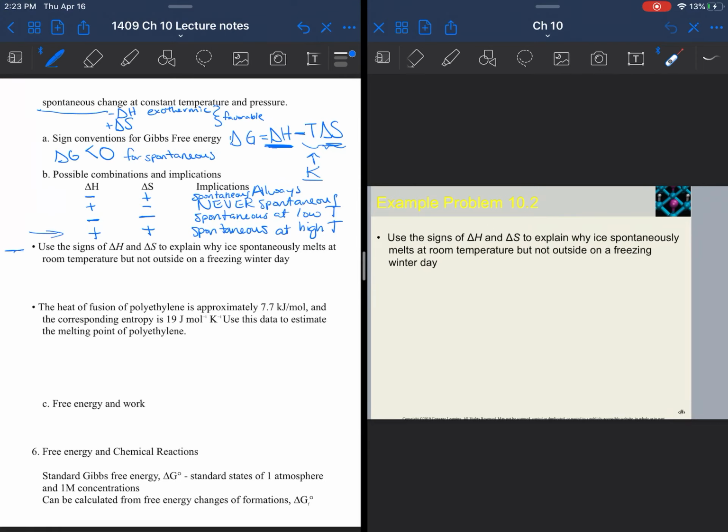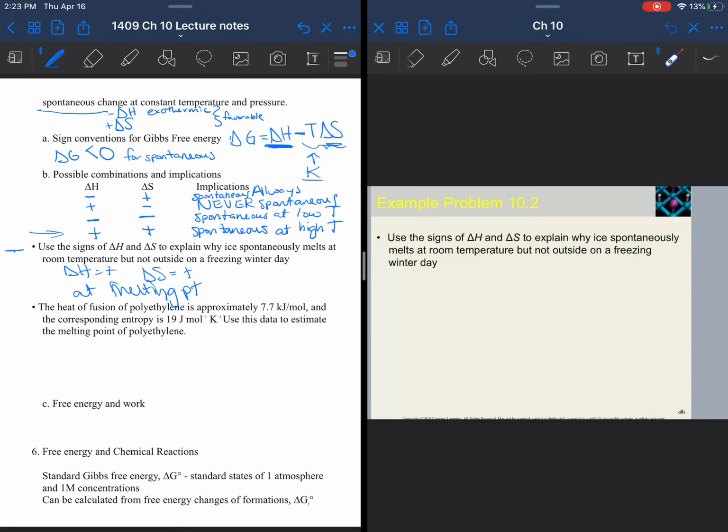And so we can see an example that we're familiar with of the last combination in the chart here. Delta H is positive, but so is delta S. And so at the high temperature, at the melting point, that is when this will be spontaneous.